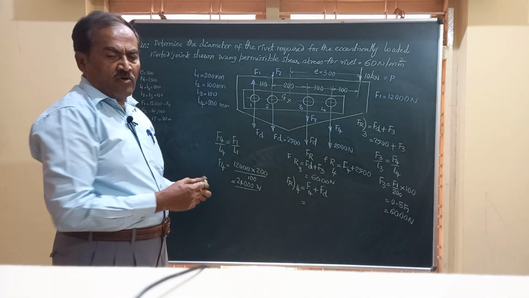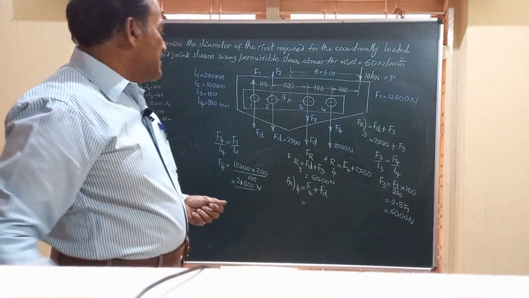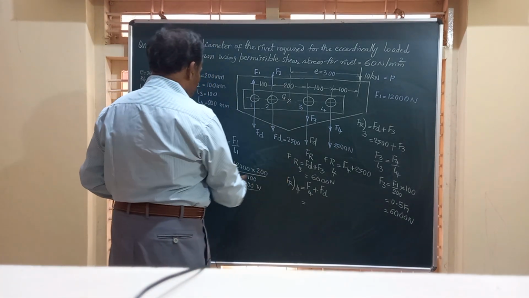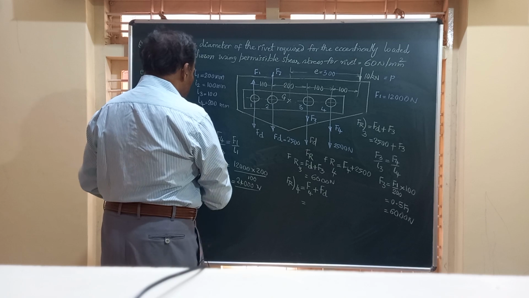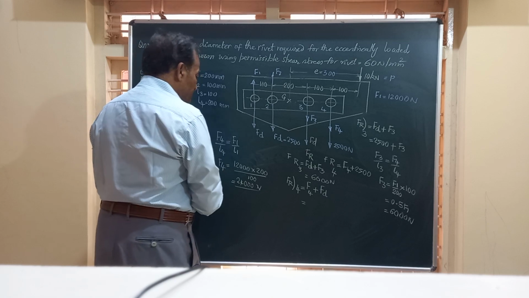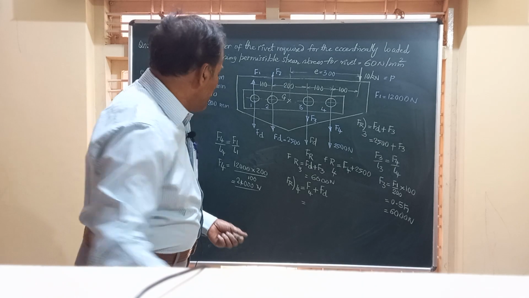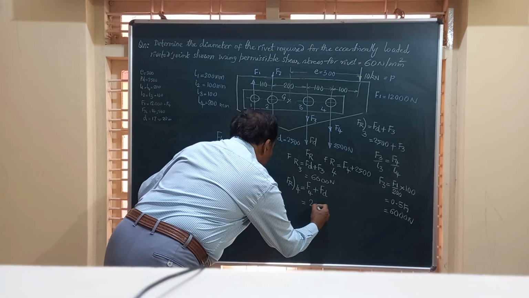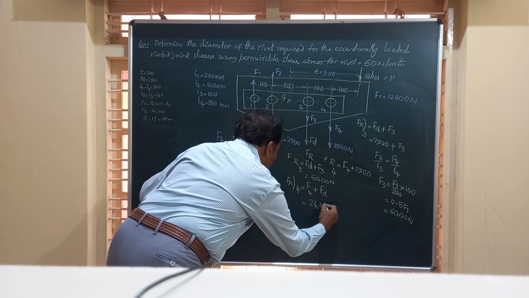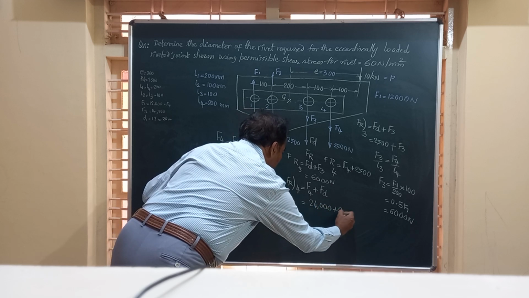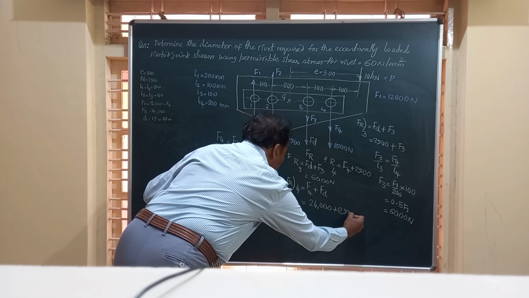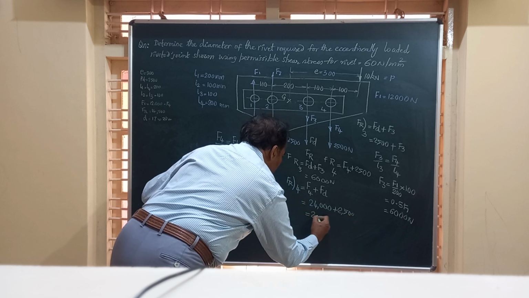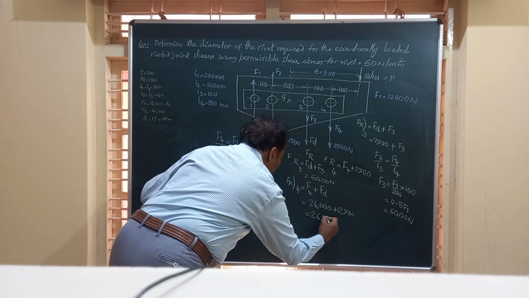Friends, very obviously, by comparing this FR3 and FR4, you can just add up here. So this FR4 will be 24,000 plus 2,500. So it comes to 26,500.